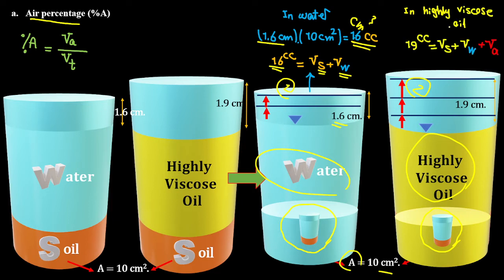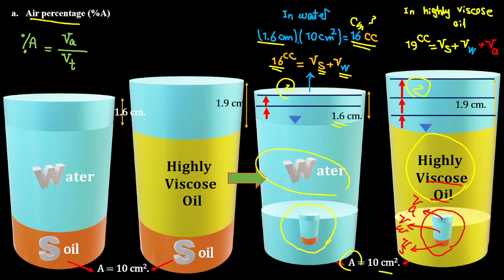And in highly viscous oil, we are a kind of protecting our soil sample with a highly viscous oil. In such case, we have volume of air, volume of water, and volume of soil. All three of them are available because the oil develops a protection layer all around the sample.